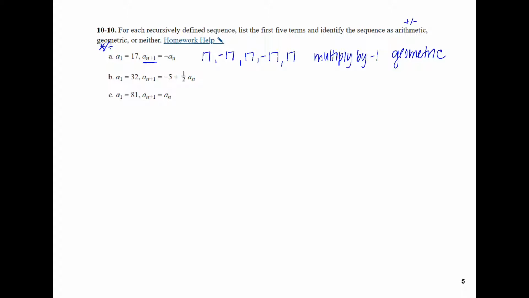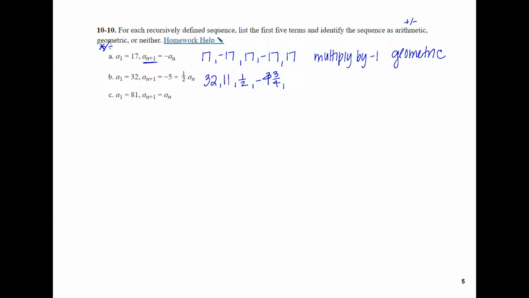So looking at this next function, they give us term 1 is 32. They say to get to the next term, we need to take half of 32 and then subtract 5. So half of 32 minus 5 gives me 11. Half of 11 minus 5 gives me 1/2. Half of 1/2 minus 5 gives me negative 4 and 3/4.